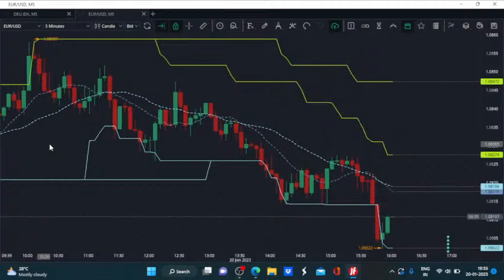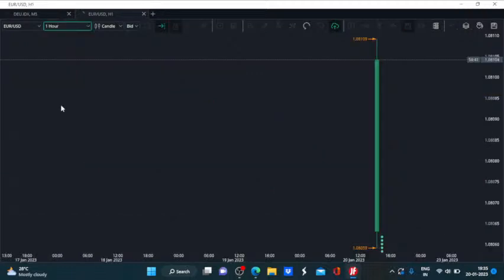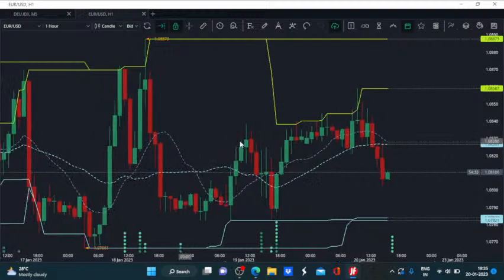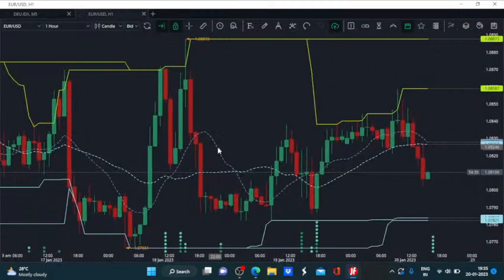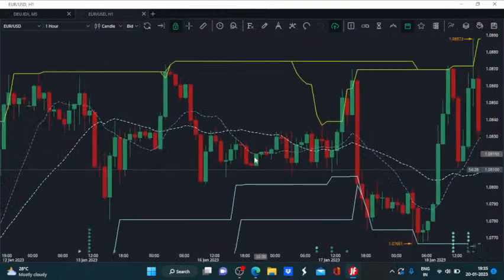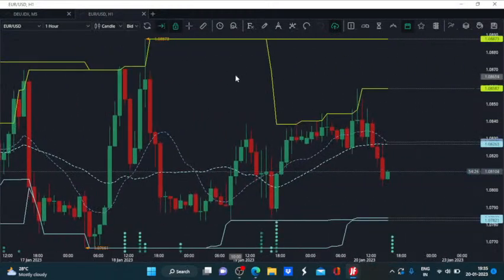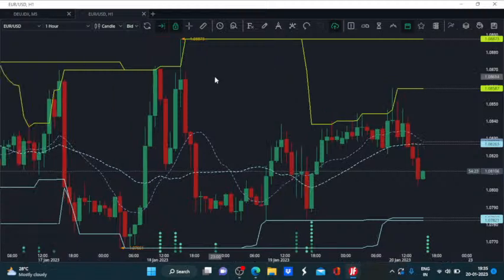Now, this price formation here is bearish, and if we consider this larger time frame charting for the Euro USD, it is going sideways. It is not really going anywhere. For the last couple of days it has traded in this range, with the upper move being capped just a little below 1.09.